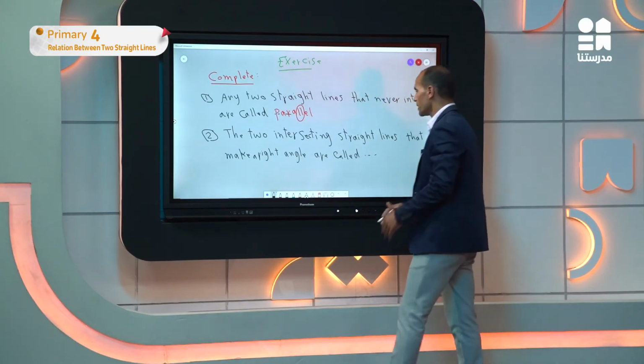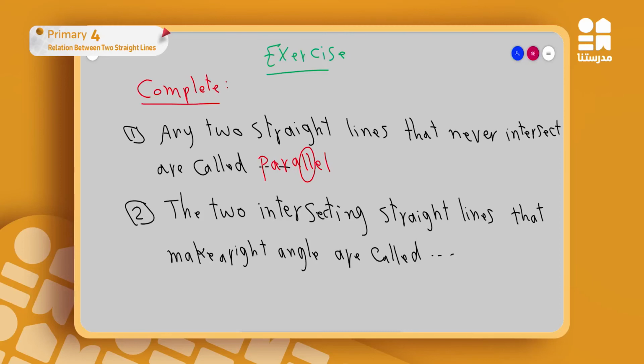Make a right angle, it means we have two straight lines here like this, AB and CD, and we have a right angle here. So this is perpendicular lines, okay? So we have here two perpendicular lines, and we can write here the straight line AB is perpendicular to the straight line CD.